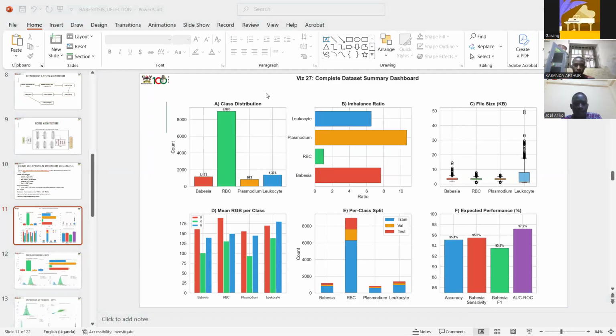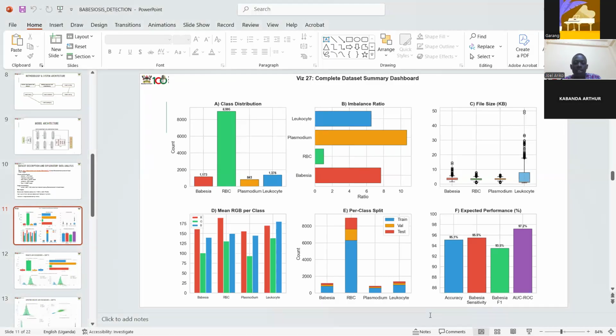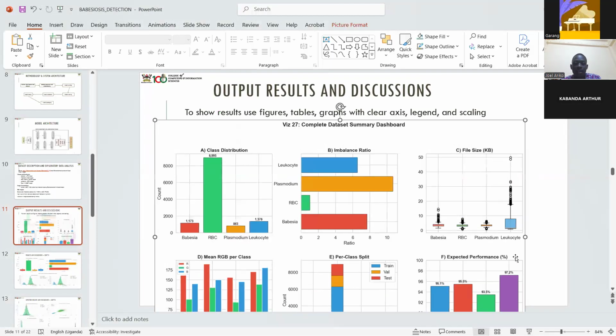We started by checking the class distribution, where we saw that the red blood cells had the most samples compared to the others. Then for the imbalance ratio, Plasmodium was heavily affected. That's why you're seeing it has a high ratio compared to others.